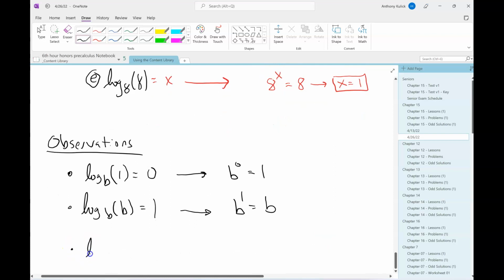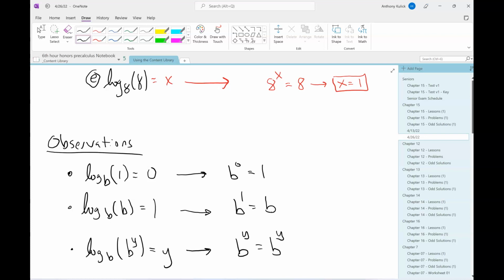Next one, log base b of b to the y is equal to just y. Again, if I recast that as an exponential, that's saying b to the y is equal to b to the y. Of course it does.